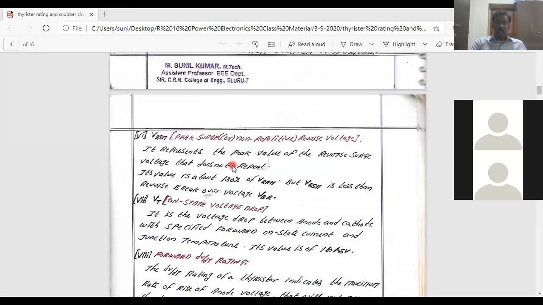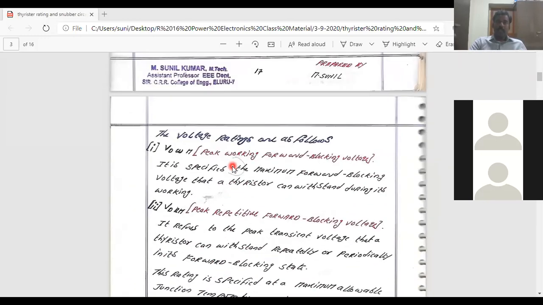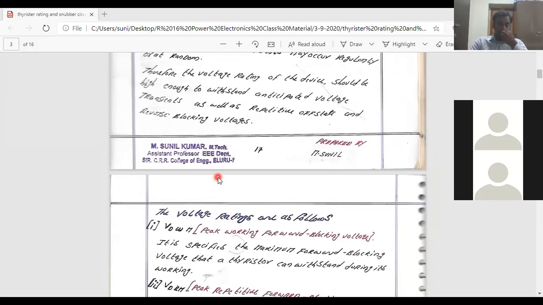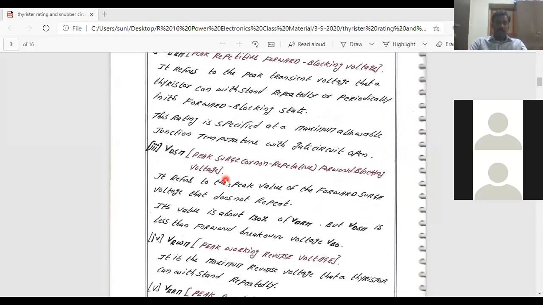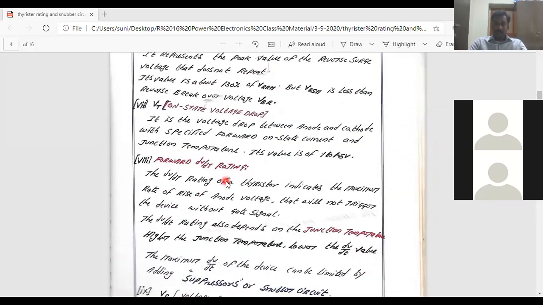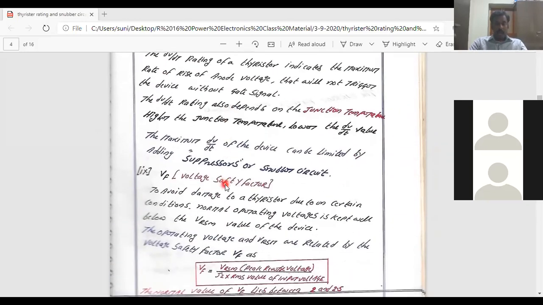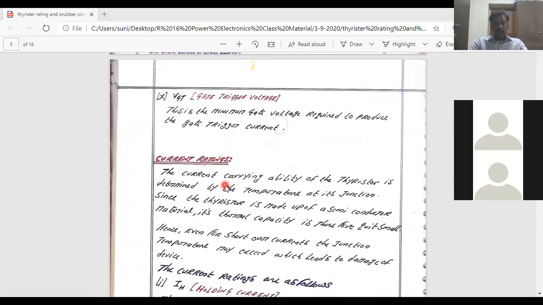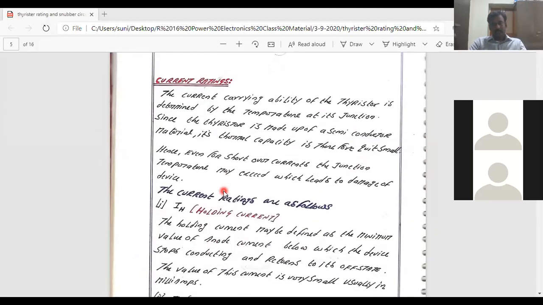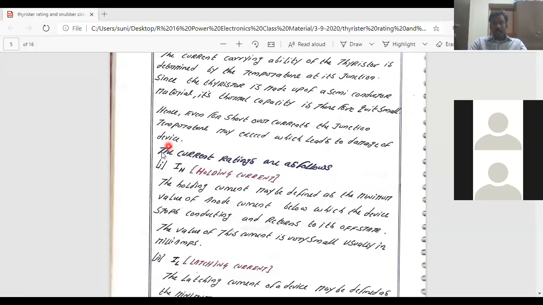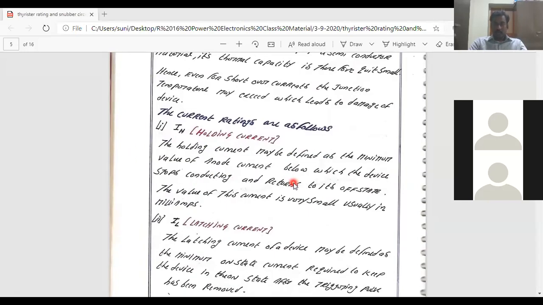All these are the parameters associated with voltage in the case of a thyristor, which are defined for all the SCRs in the specification sheet. Similarly, you are going to have the current ratings. The first one is the holding current.